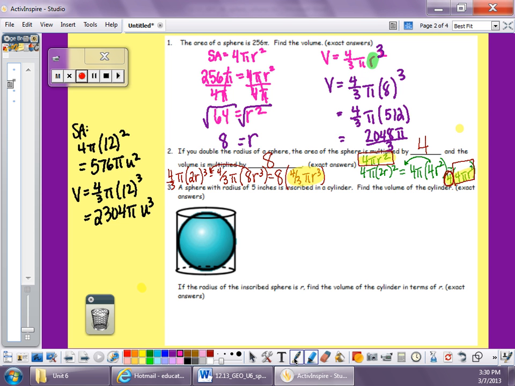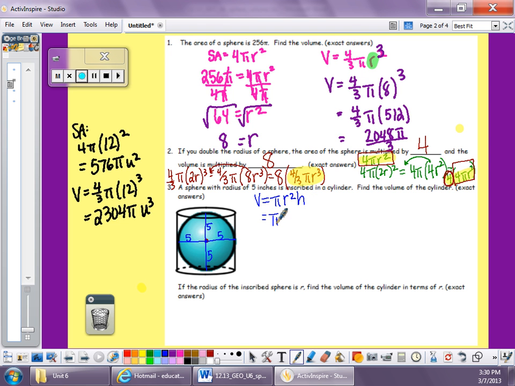So the next one, a sphere with a radius of 5 inches is inscribed in a cylinder. Find the volume of the cylinder, and I want an exact answer. So the radius of this is 5. So the radius on this side is 5, 5, and 5. So that's what I know. And I'm going to do the volume of a cylinder, which is pi r squared h. So I'm always starting with that formula.